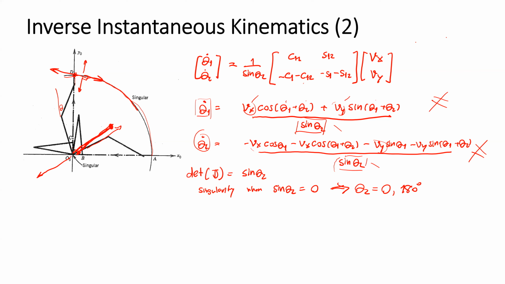We can only rotate theta 1 about the origin, and the velocity can run along this line only, but we cannot create the radial velocity. So we have two possible singular points, when theta 2 is equal to 0 and 180.